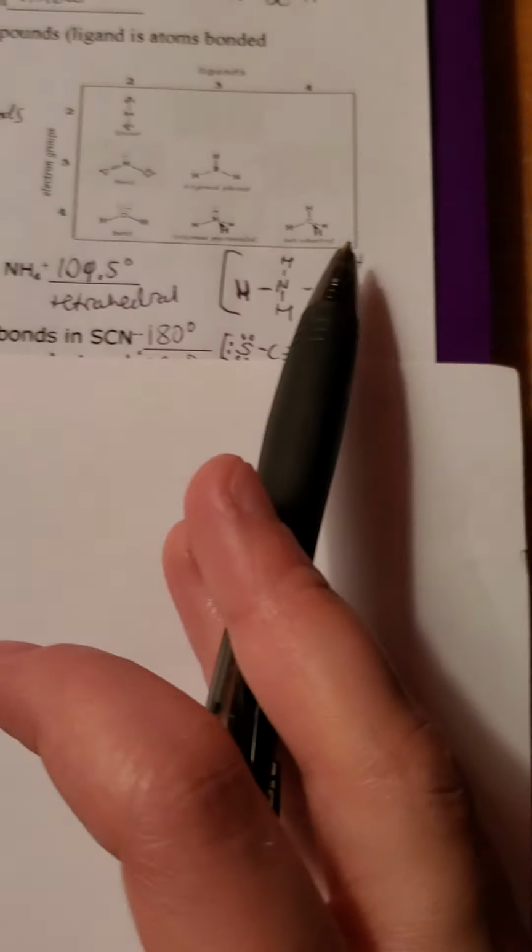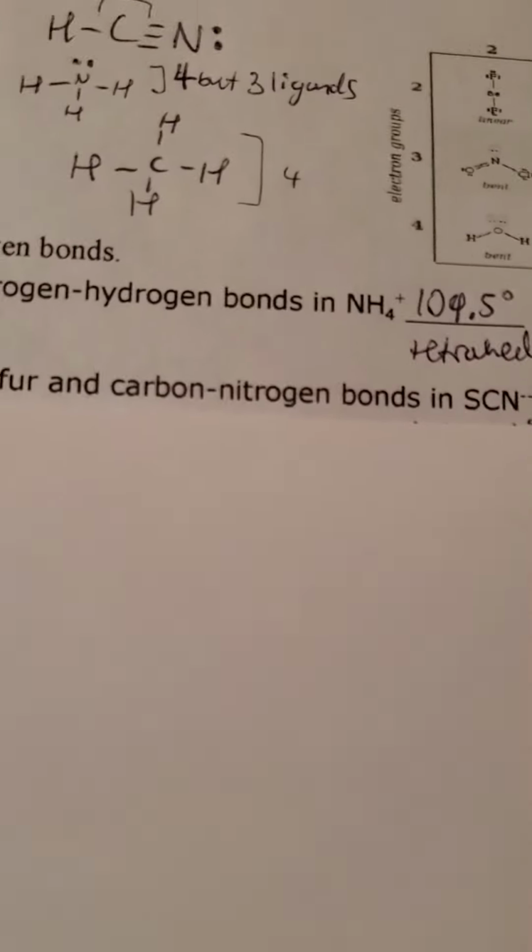Now we're looking at angles between bonds. So the angle between 2 of the nitrogen-hydrogen bonds in this one here, you have 4 H's surrounded by a plus.